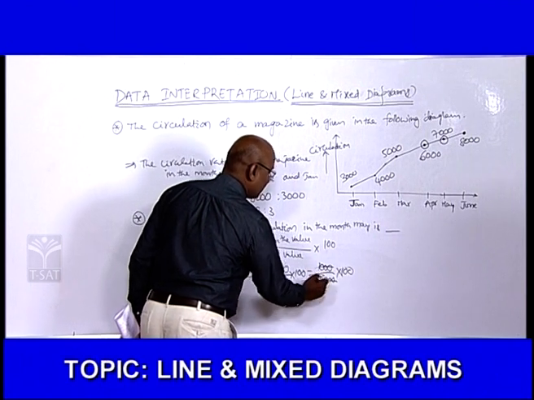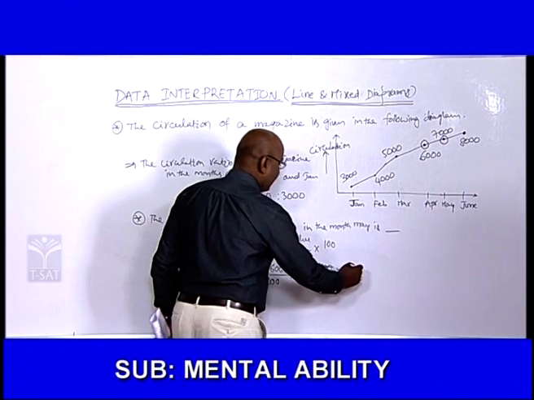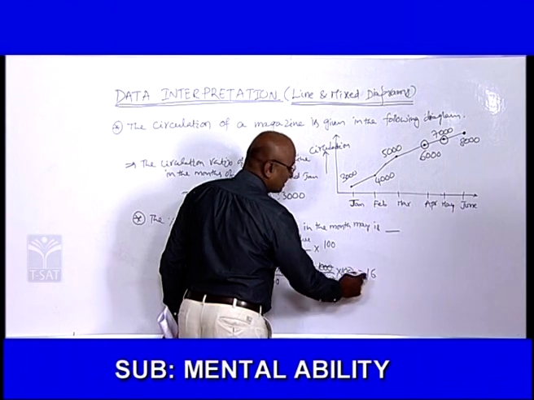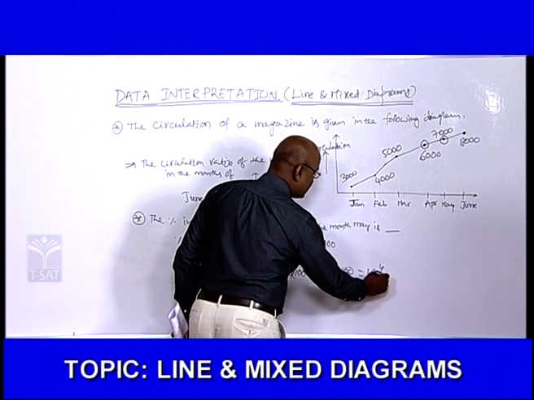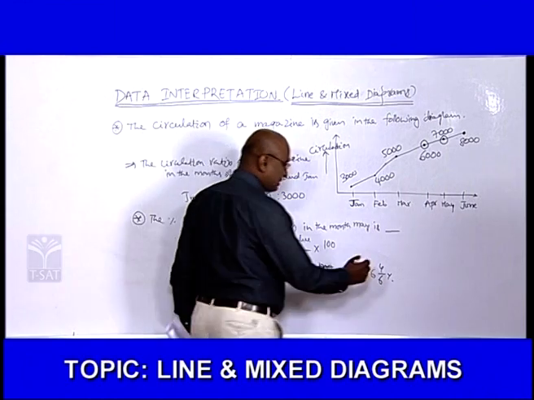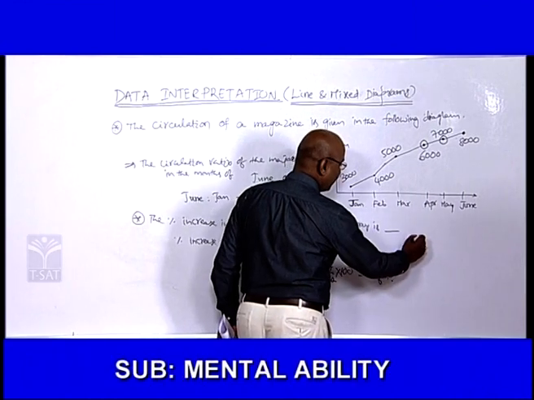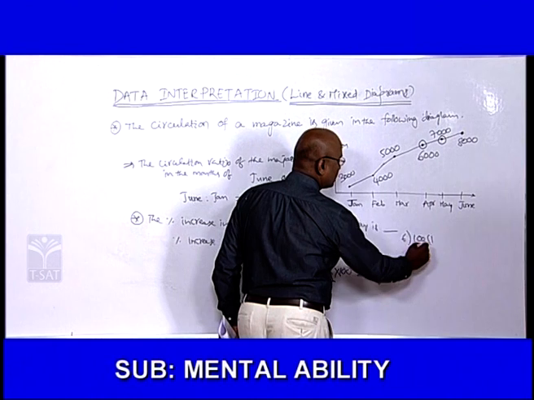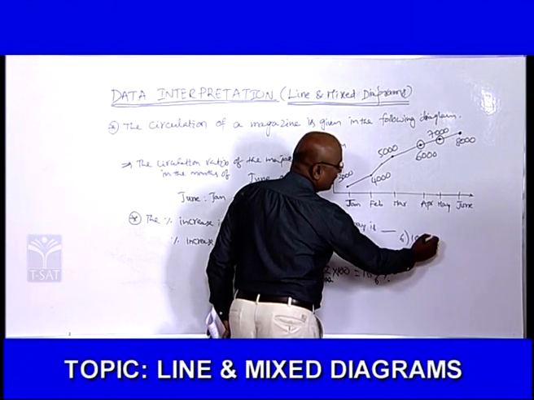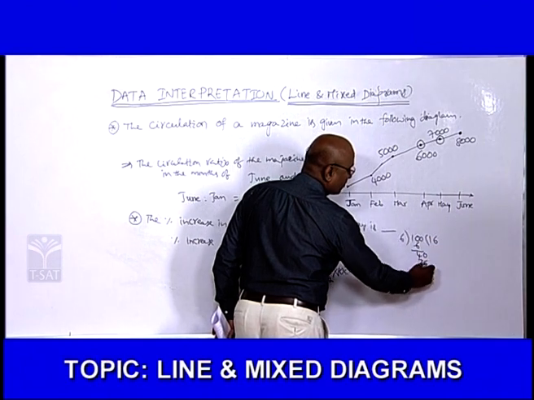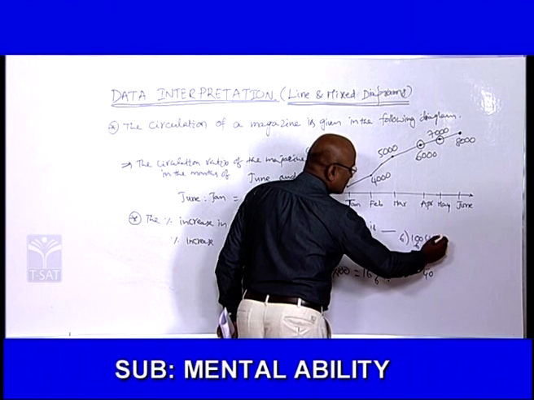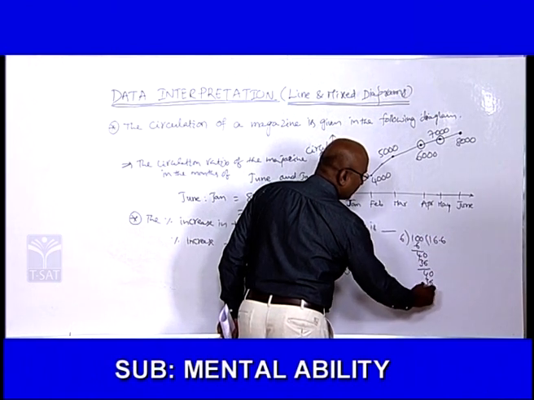So 1000 and 6 times it will be, and 100 by 6 is equal to 6 ones are 6, 6 6 are 36, and 4 by 6 percentage. So the percent increase is 16 4 by 6%. So 100 we will divide with 6, 6 ones are 6, 10 minus 6 4, and 0, 6 6 are 36, 4 put a point and put a 0 here, and 6 6 are 36 and remainder is 4.